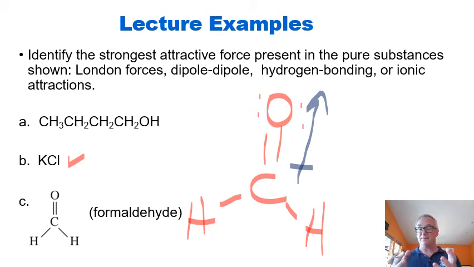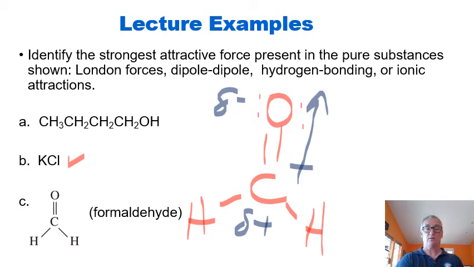So basically the dipole of that single carbon-oxygen bond is going to be the dipole for the whole molecule. So it is a polar molecule. The oxygen is slightly negative, the carbon is slightly positive. That is a polar bond and a polar molecule.